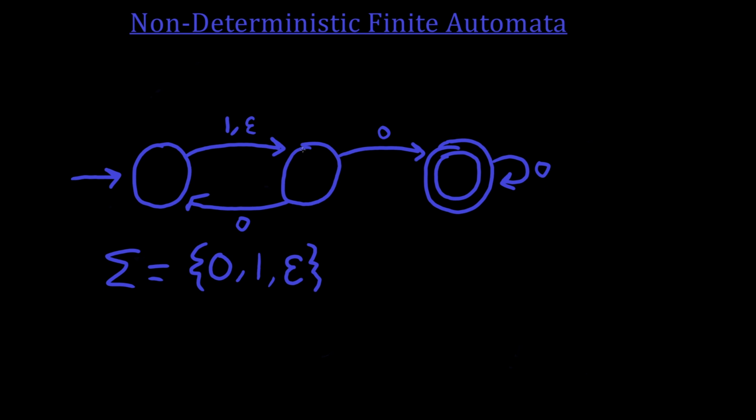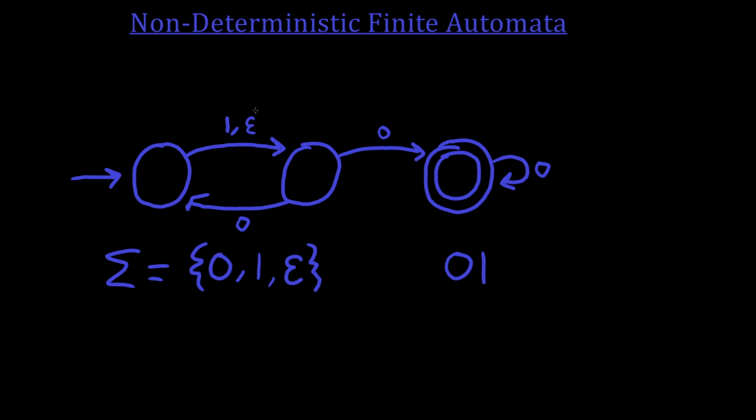Just to make that a little clearer, let me write an example string and process it a little bit, and we'll see how this epsilon transition comes into play. Let's say we want to process the string 0, 1. Just like in the DFA case, we start at the start state. You may notice there's no transition for the character 0 on this first state, so what can we do?